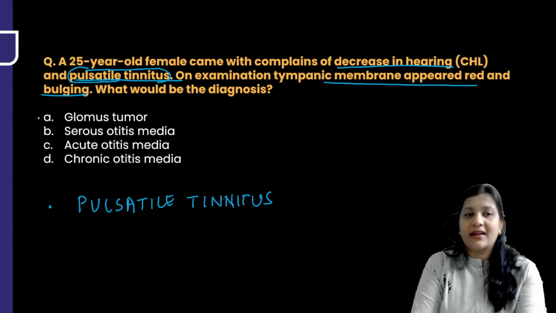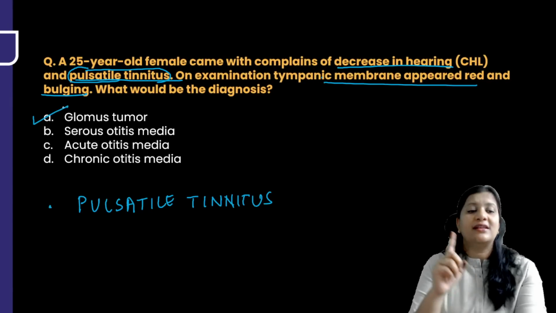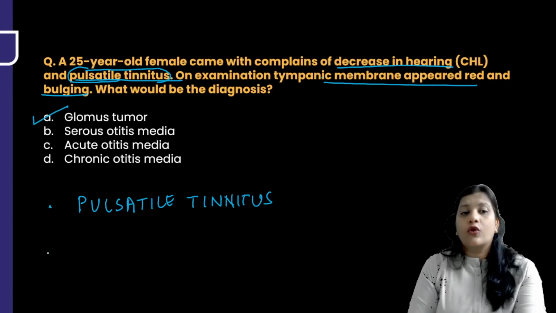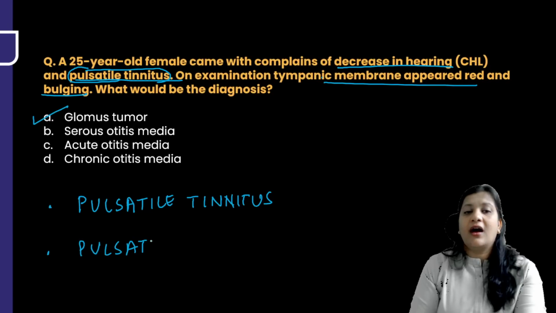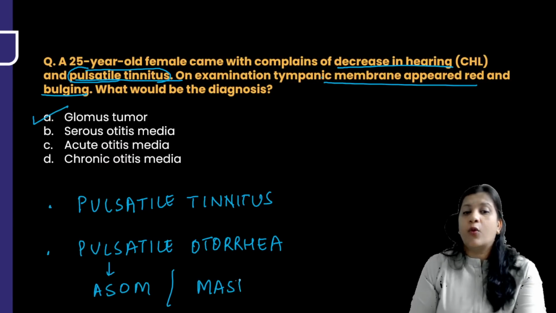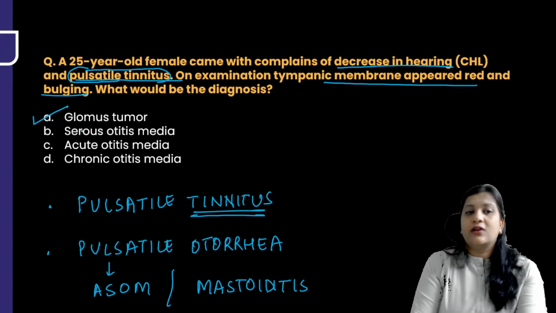So for pulsatile tinnitus, the answer will always be glomus. Pulsatile otorrhea is different. Pulsatile otorrhea is a feature of ASOM or mastoiditis. It is seen in both conditions, but pulsatile tinnitus is seen only in patients with glomus.